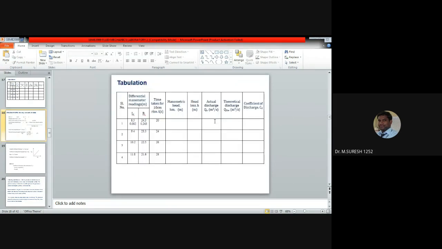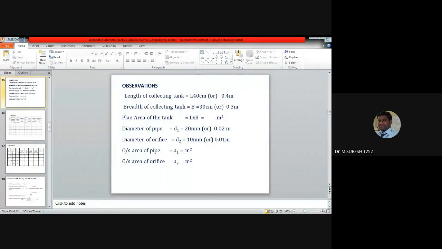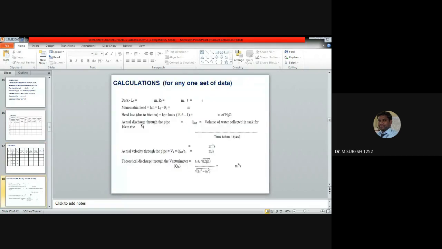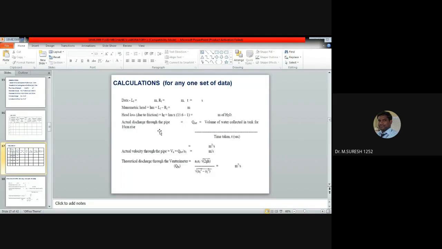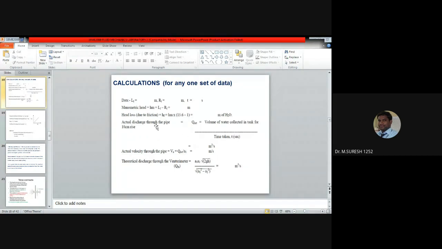So L is the length and B is the breadth, and 10 centimeter also you need to convert to 0.1, H divided by time taken. So for each and every trial, you have to note the time taken. That value you can substitute here and find out actual discharge in meter cube per second.